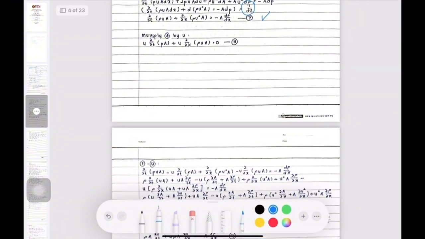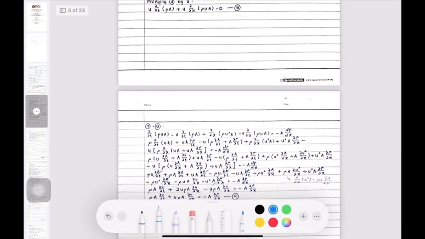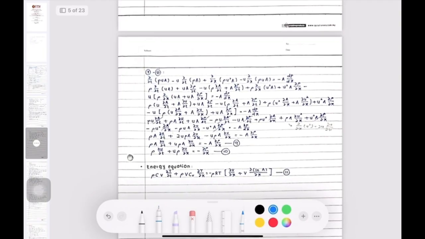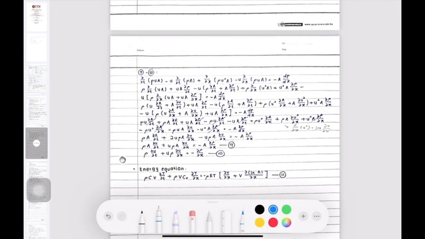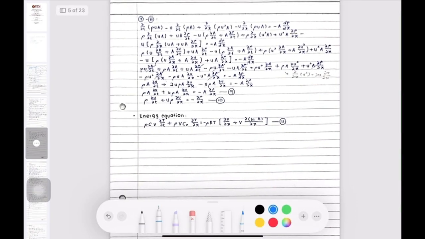Then we subtract equation 7 minus 8, and we get equation number 10, which is rho du/dt plus rho u du/dx equal to negative dp/dx.